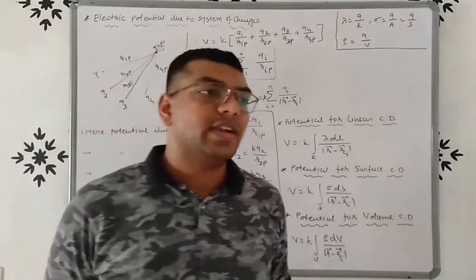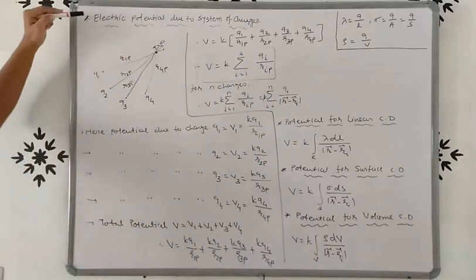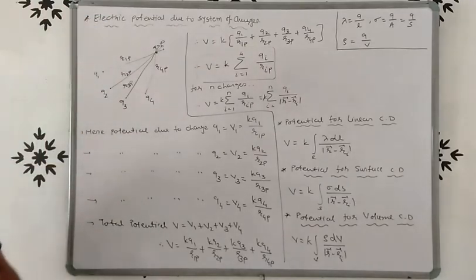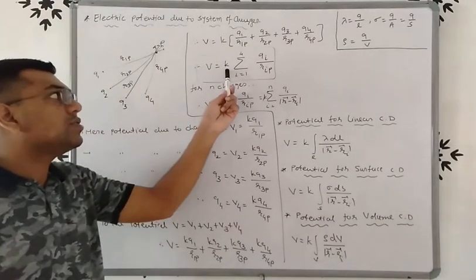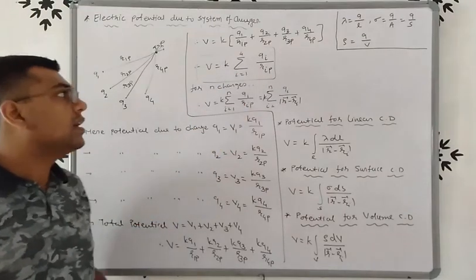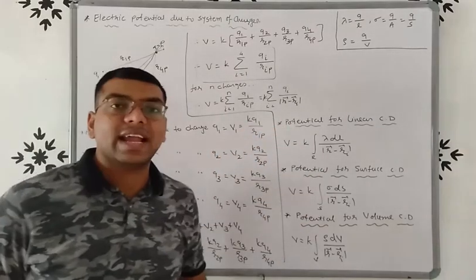Right. So friends, today we will discuss the electric potential due to a system of charges, and the formula will be like this: V is equal to k, sum over i equals 1 to n, Qi upon |r minus ri|.